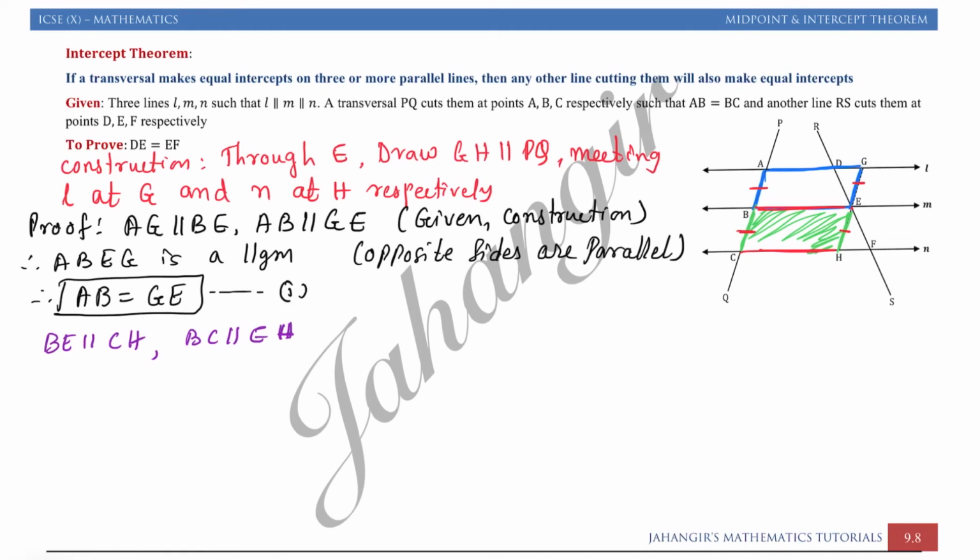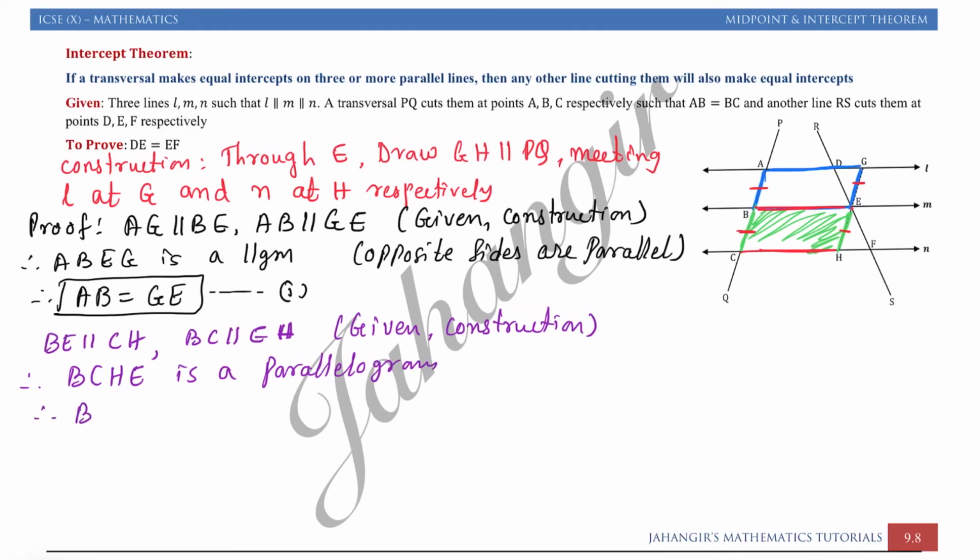This is construction. So here I can write given and construction. So therefore again we can say BCHE is a parallelogram. So therefore I can again say BC is equal to EH. This is my second part.